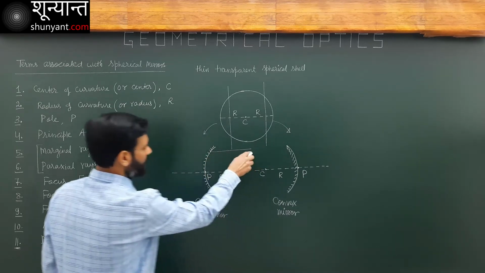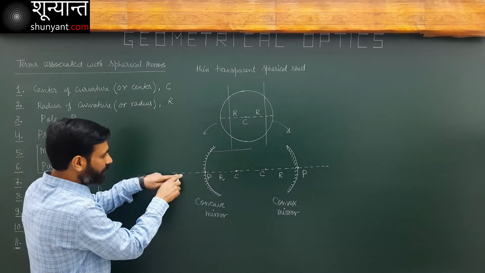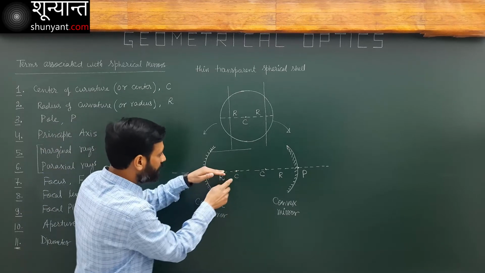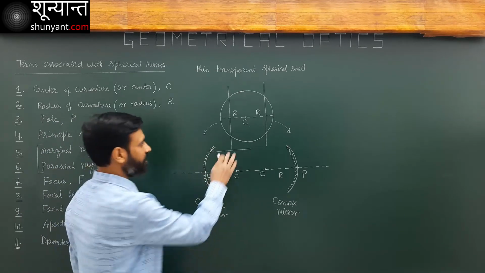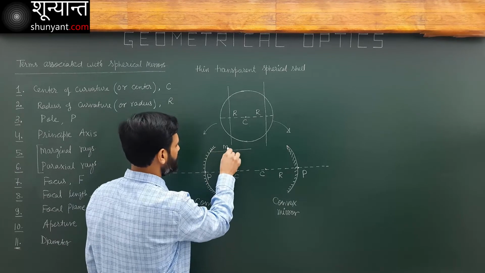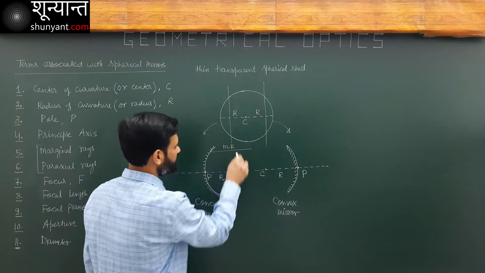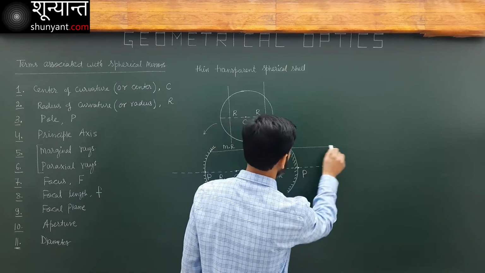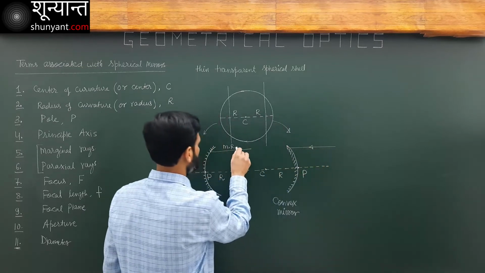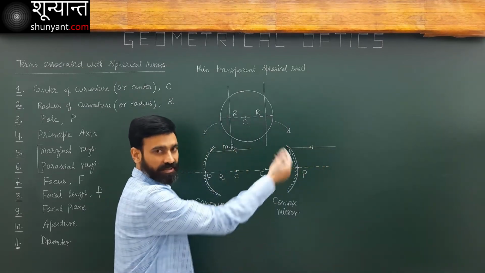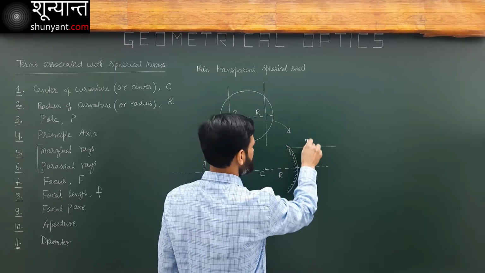This light ray is parallel to the principal axis and away from it. This will become a marginal ray, in both cases. It is hitting this reflecting surface. This becomes my marginal ray.